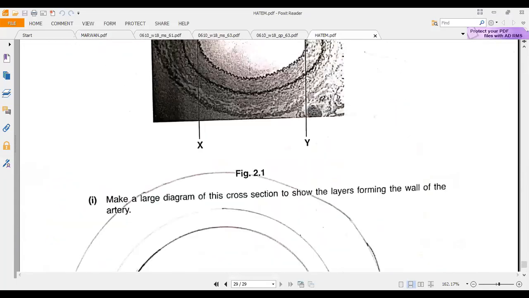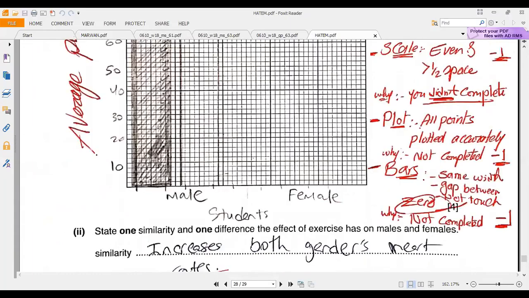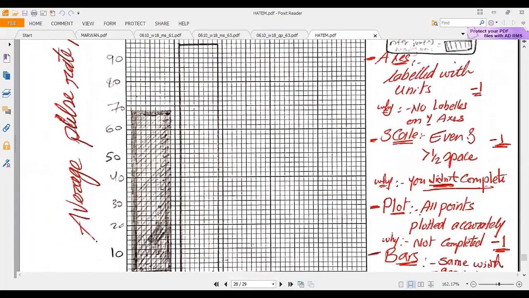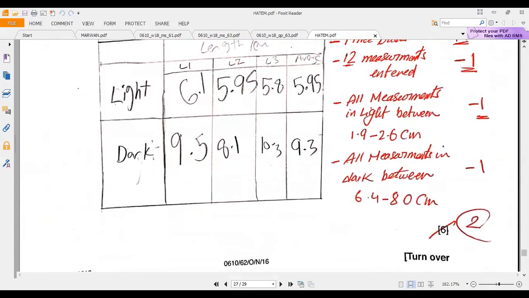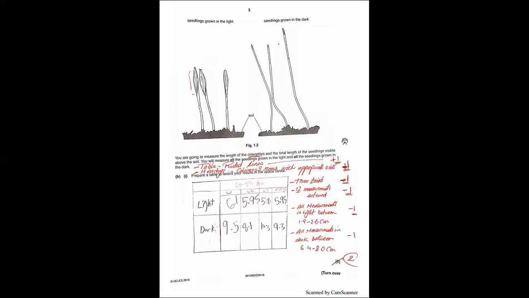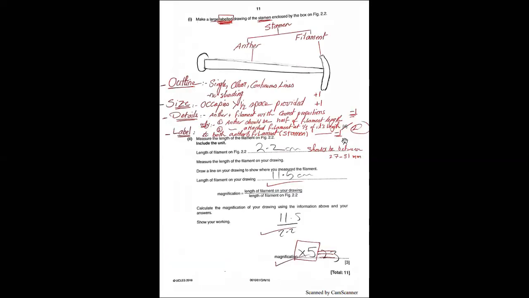This is a graph, and this is a table of 6 marks, which is very rare to occur actually. The student is graded 2 out of 6, but if you have a look here, this is the table.